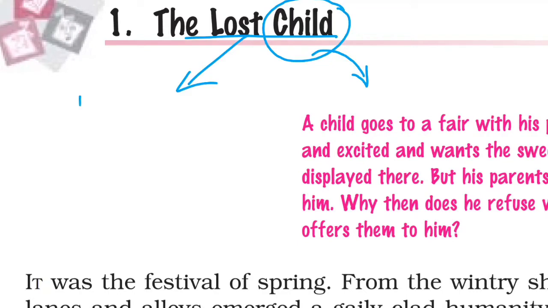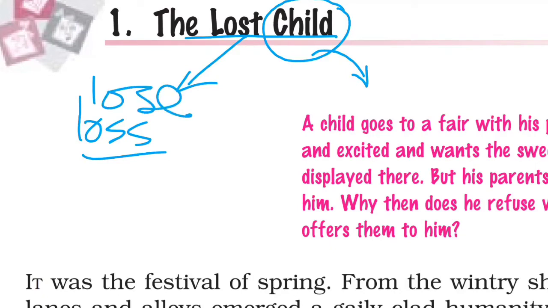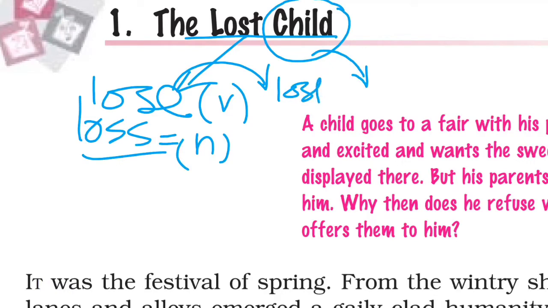My dear children, you see this difference of the word. This is called loss. This is the noun form. This is the verb form, lose. From there, the past participle and the past tense will be lost.